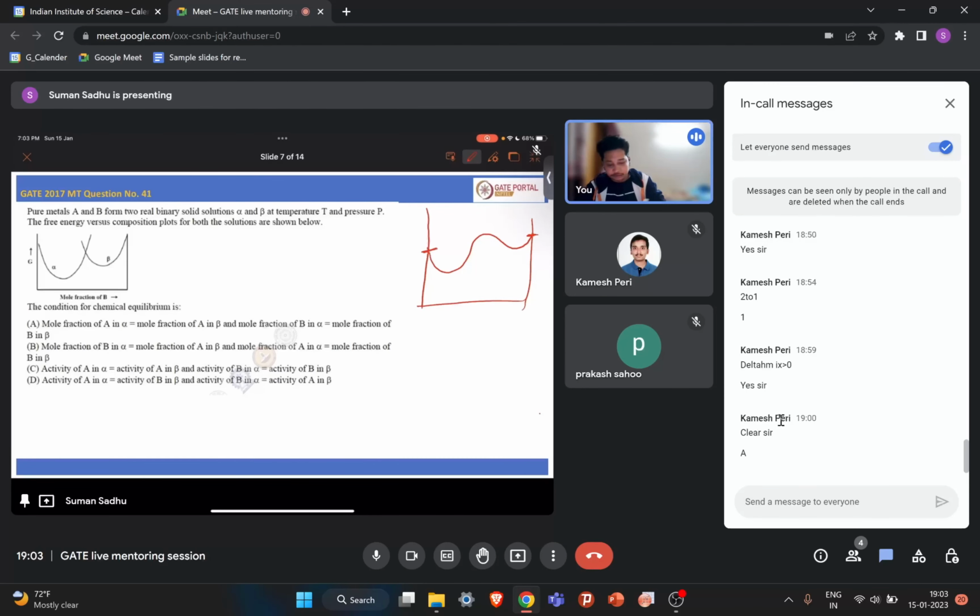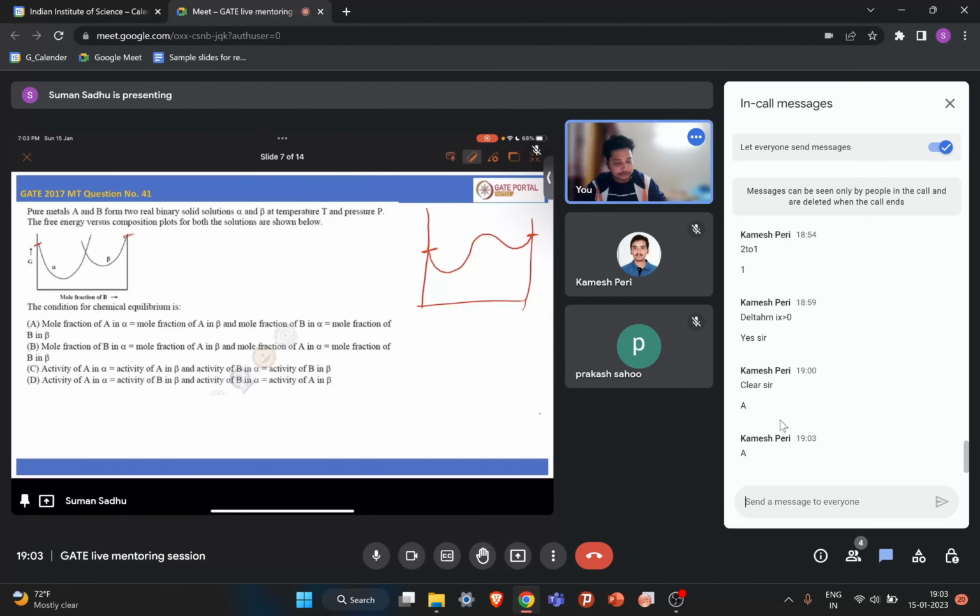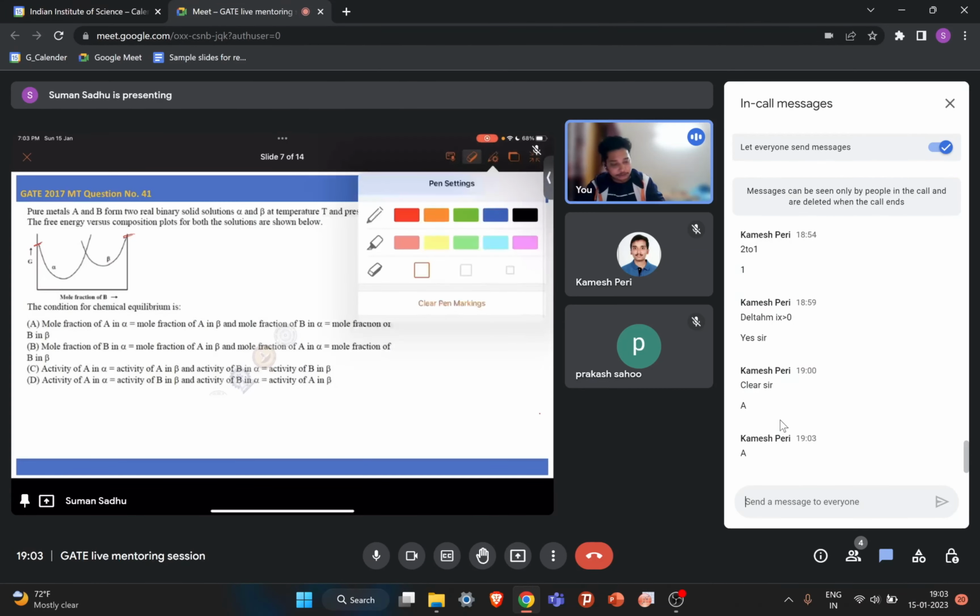But when one end has a different crystal structure than the other end, you will have two different free energy curves, not one single curve connecting the two. That's why these two free energy curves have been drawn separately.